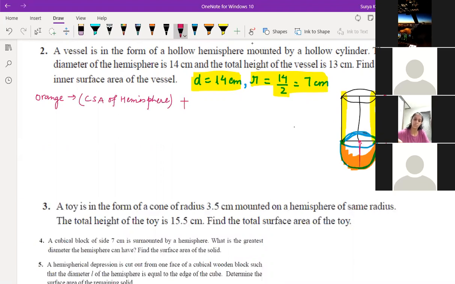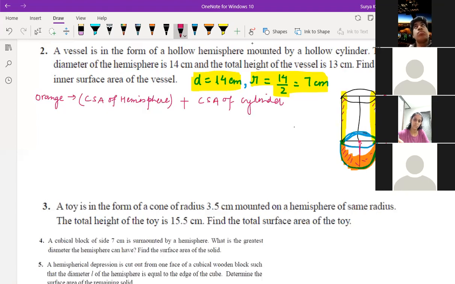Again, add. This yellow part is what? The yellow part is CSA of cylinder, right? Why are we not considering this top part and all? Because this is not covered. Only the inner part they're asking. Inner part is this down part and this part, only the circular part.